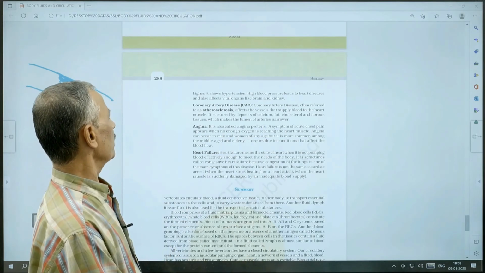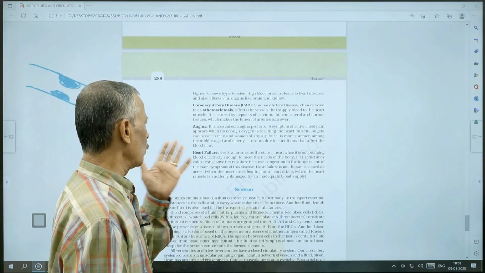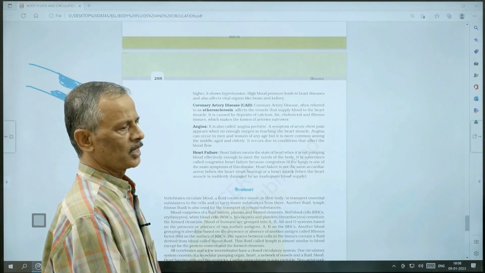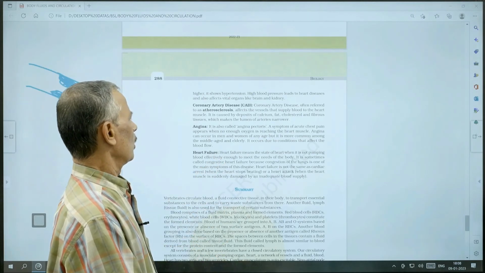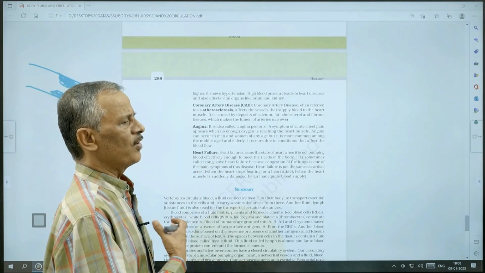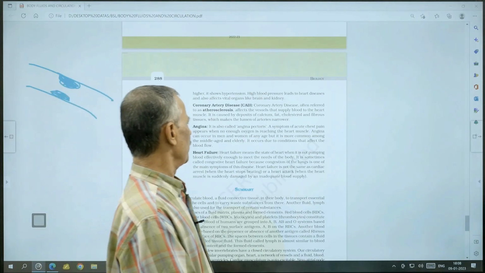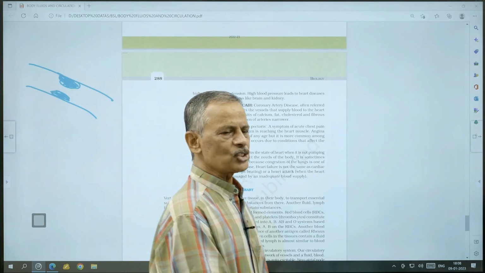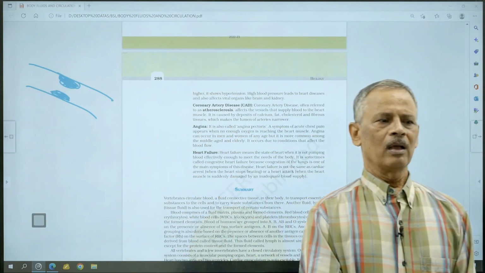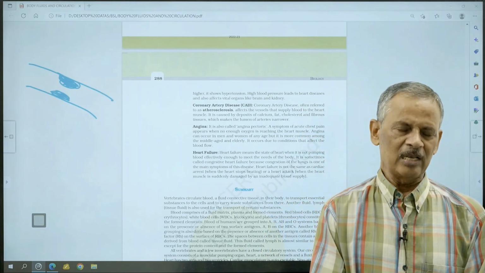It is called congestive heart failure because congestion of the lung is the main symptom of this disease. There will be severe congestion of the lungs. Sometimes the heart will suddenly stop. This sudden stopping is called cardiac arrest.